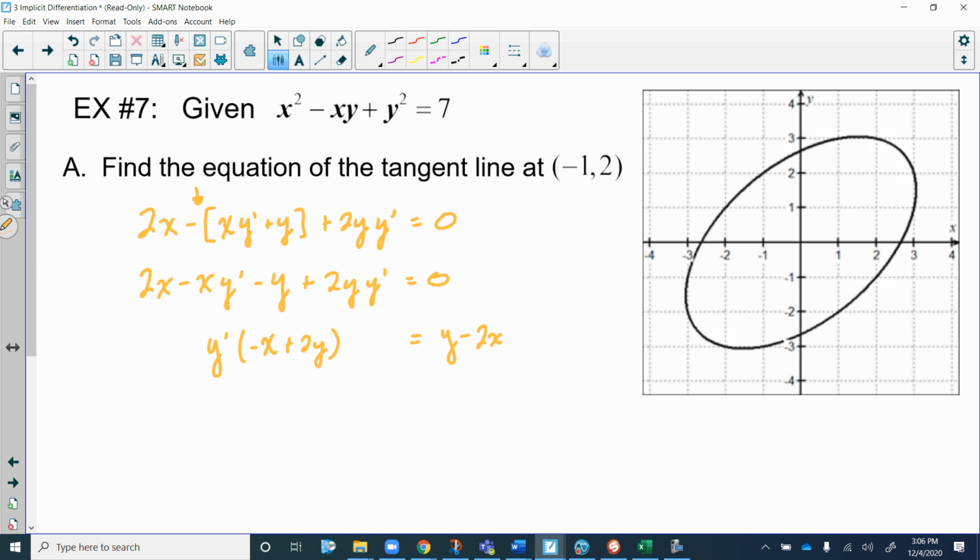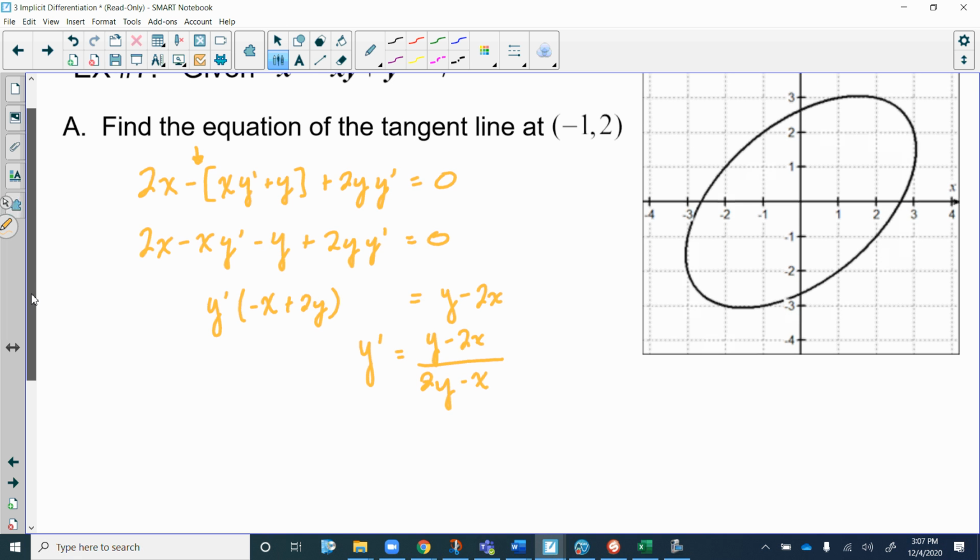If you want to write it as negative x plus y, that's fine. And then finally divide, and y prime would be equal to y minus 2x divided by, we'll just turn it around and say, 2y minus x. Okay? So that is the expression for the derivative.